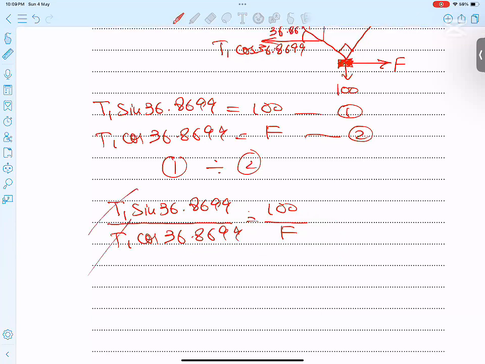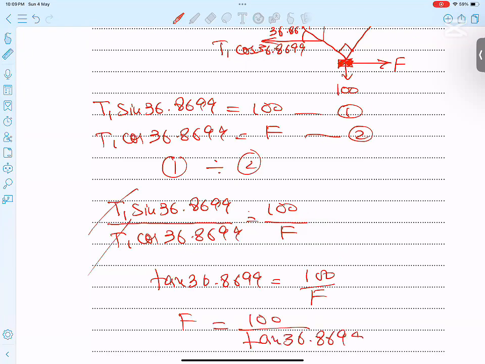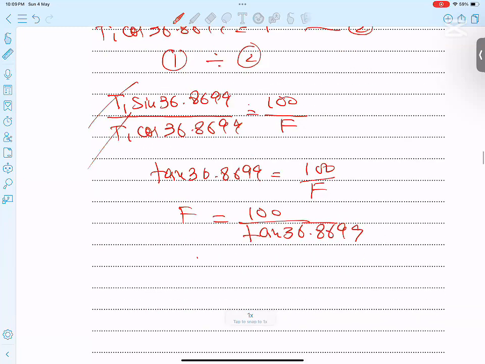Basically T1 cancels out and sine over cos is tan. So this becomes tan 36.8699 equals 100 over F. F is multiplied there and this comes down, so it turns into 100 over tan 36.8699. In this way, we can find our F.